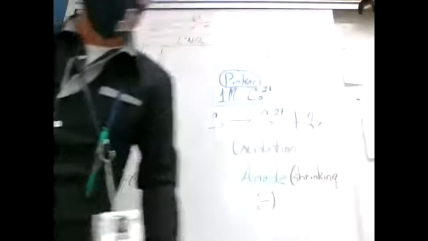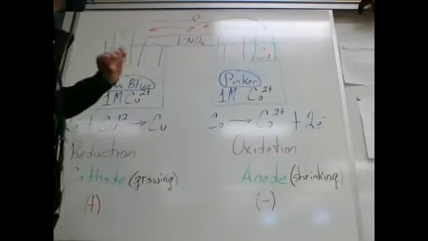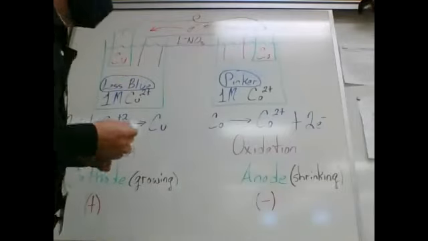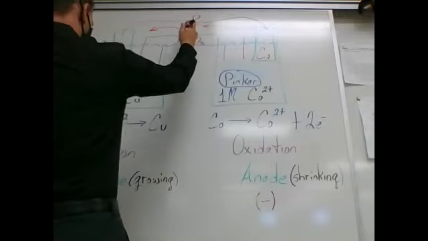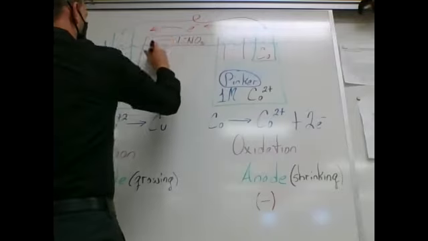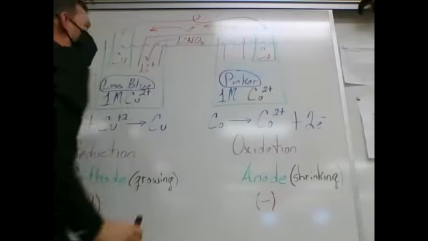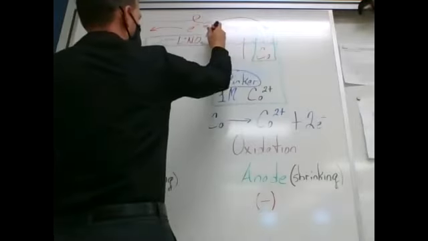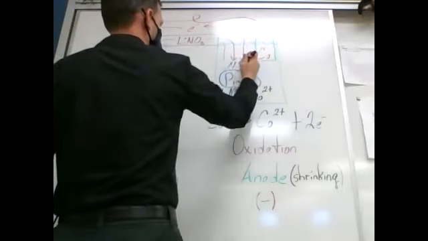Step 15 says the salt bridge will solve our issue by sending the positive ion to the cathode, which in this case is lithium, and the negative ion to the anode, which in this case is nitrate.